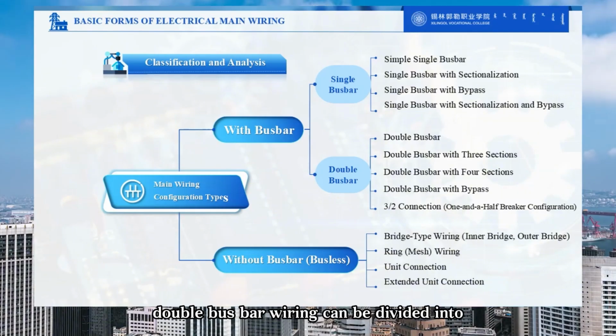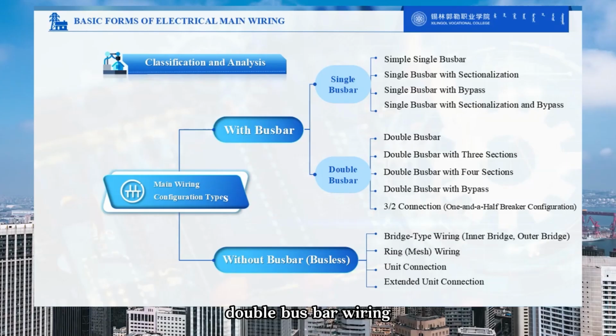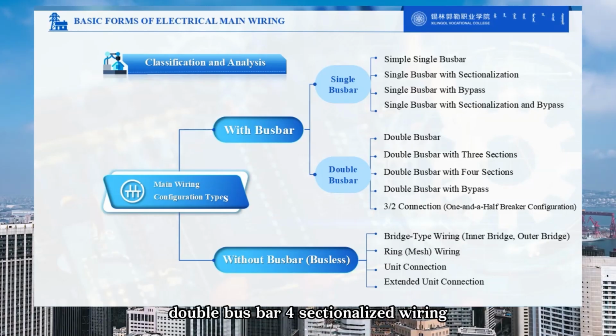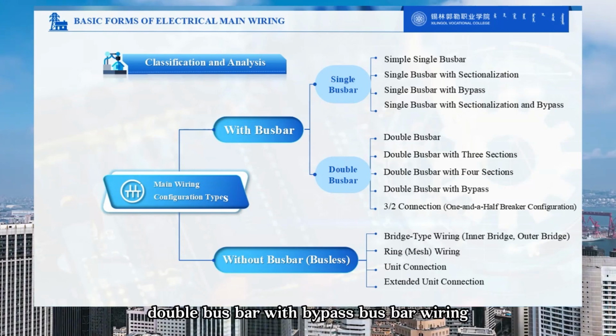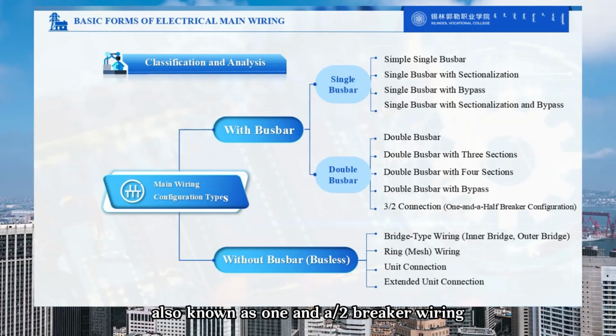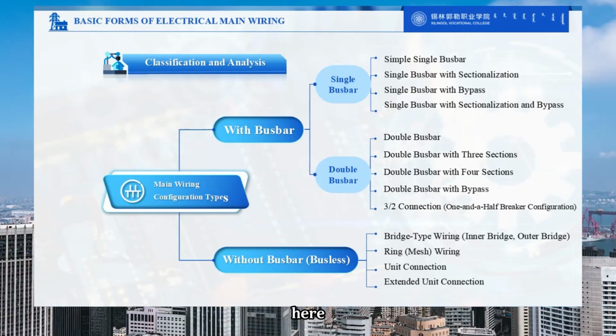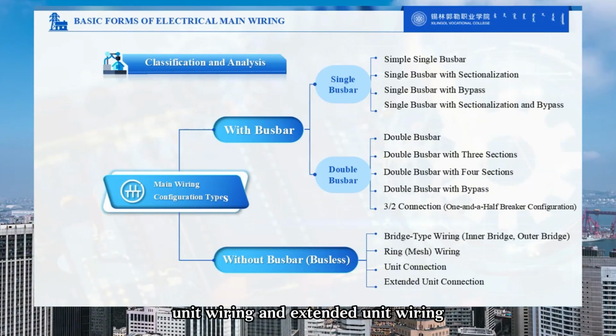Double bus bar wiring can be divided into double bus bar wiring, double bus bar 3 sectionalized wiring, double bus bar 4 sectionalized wiring, double bus bar with bypass bus bar wiring, and 3/2 breaker wiring, also known as 1.5 breaker wiring here. Wiring without bus bars can be divided into bridge wiring, ring wiring, unit wiring, and extended unit wiring.